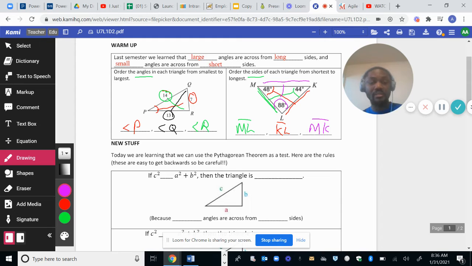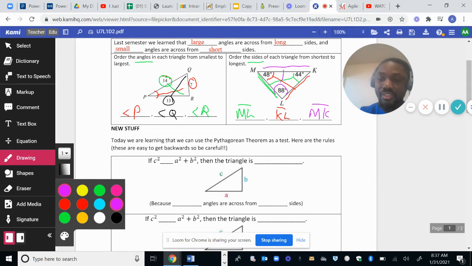But when the square of the longest side is smaller than the sum of the squares of the legs, we have an acute angle. And when the square of the longest side is greater than the sum of the squares of the two legs, then we have an obtuse angle.